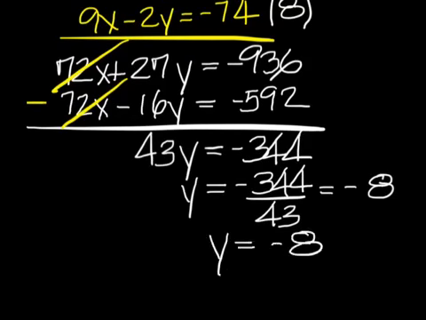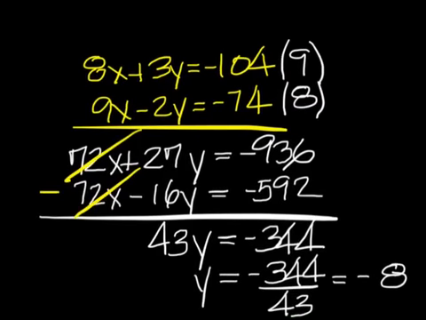So you're halfway finished. To solve for x, you have a choice. You can take two different paths. You can plug in the negative 8 you just found in for y in this equation or in that equation. Whichever equation you think is easier, that's the one you can plug it into.